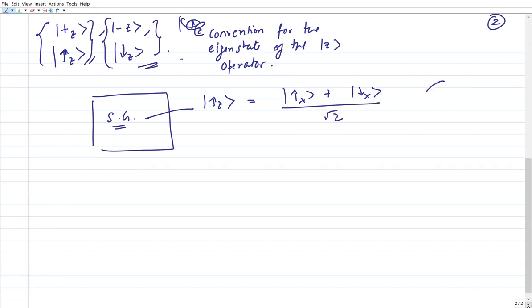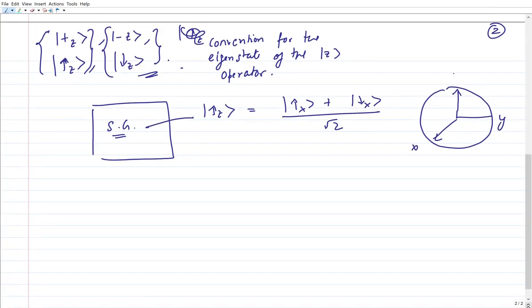So this was the state on the Bloch sphere over here. This can be represented as a superposition of plus x and minus x, or up x and down x over here.